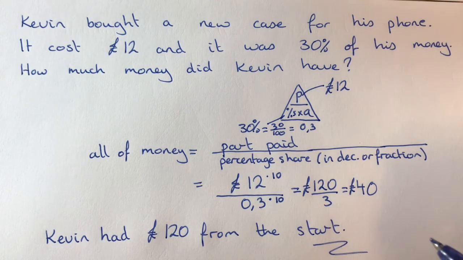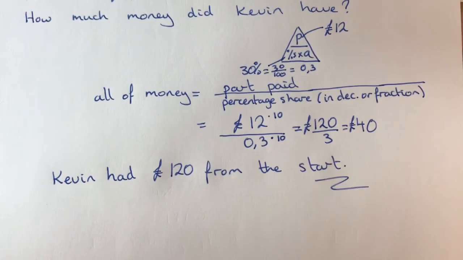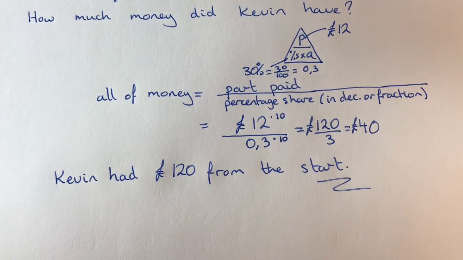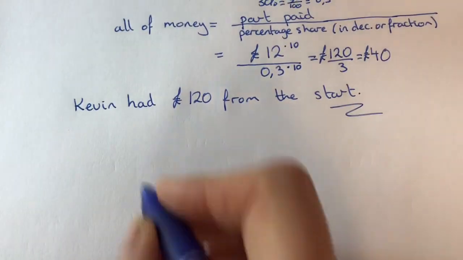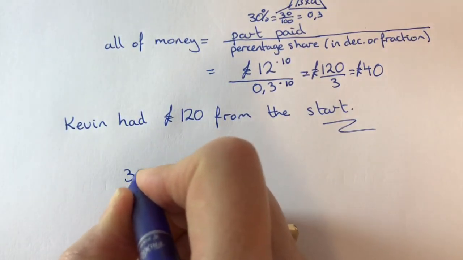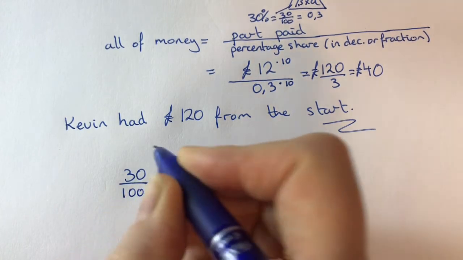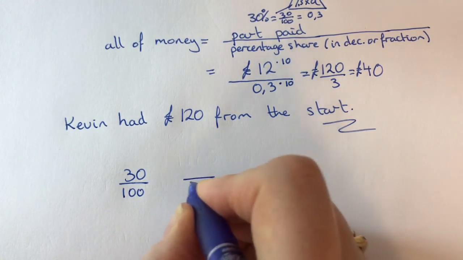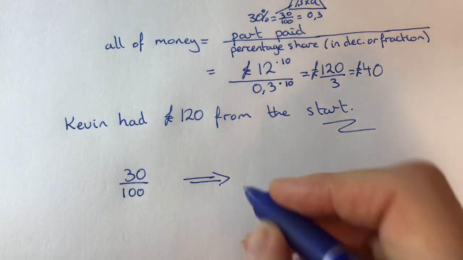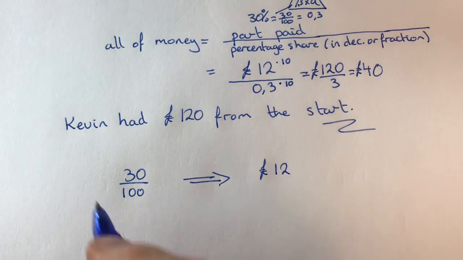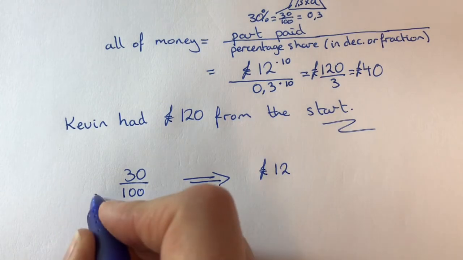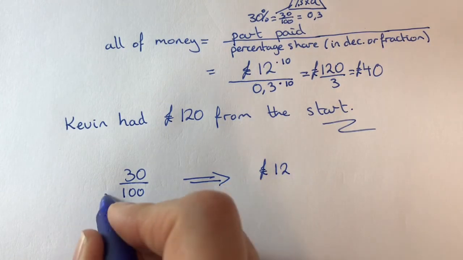There are different ways to calculate that, and some of them might be easier. I'll also show you another way instead of using the formula. We also know that 30% is equivalent to £12. So we could actually work out, well, what's 10% then?